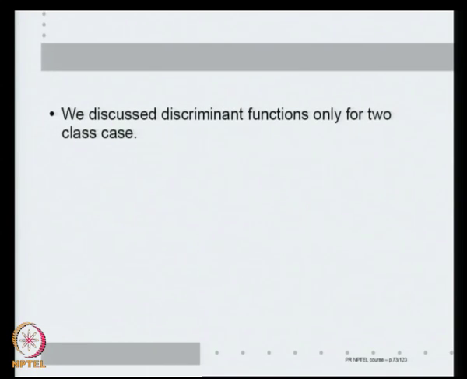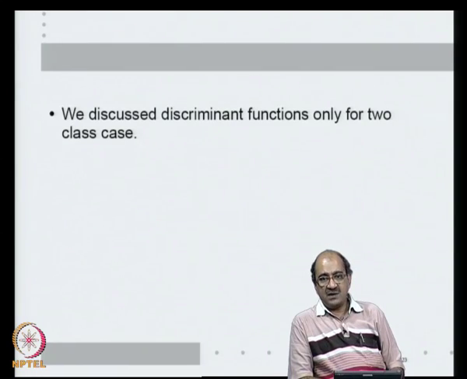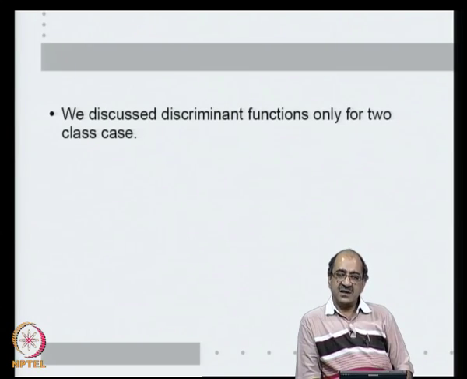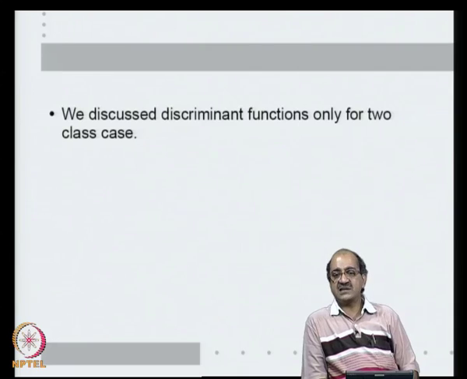Now, there is another thing that we can see from what we derived today. So far in the beginning of this class, I have discussed discriminant functions, but we discussed it only for the two class case. We are saying the discriminant function Bayes classifier is h_B(x) is 0 if some g(x) is greater than 0, where g is the discriminant function.